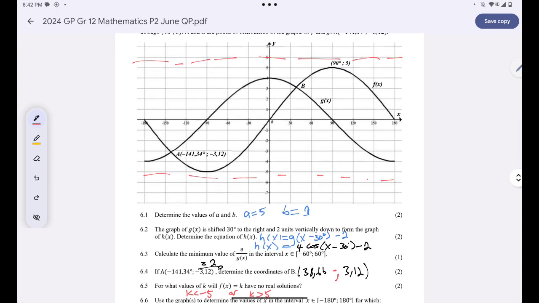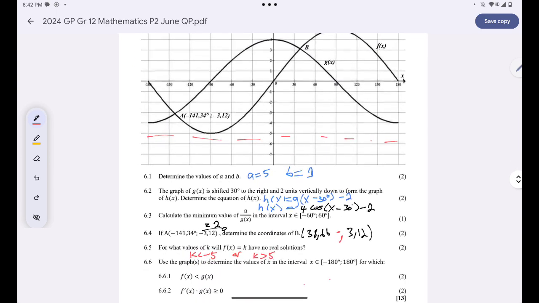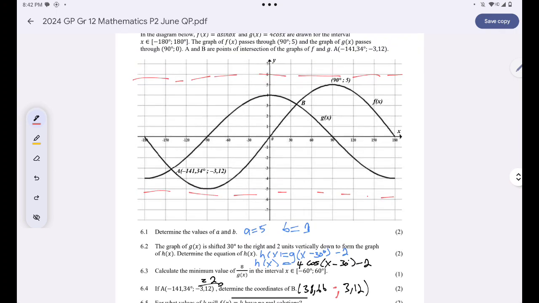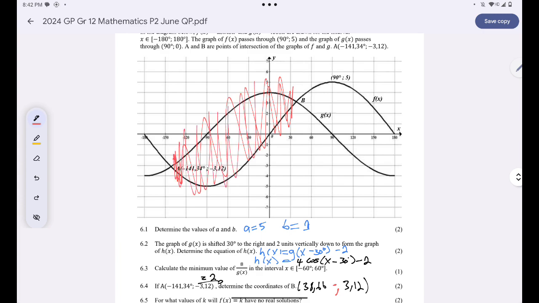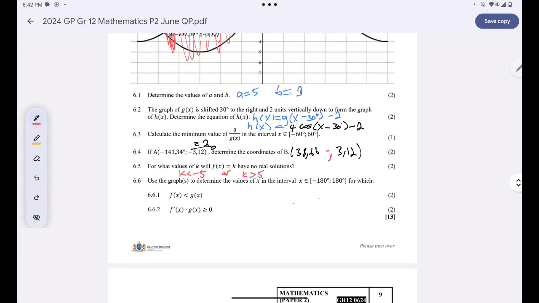They want me to write the values of x for which the graph of f is below the graph of g, right? So all I need to do is to just indicate the space whereby f of x is below the graph of g, right? So that happens in that region.